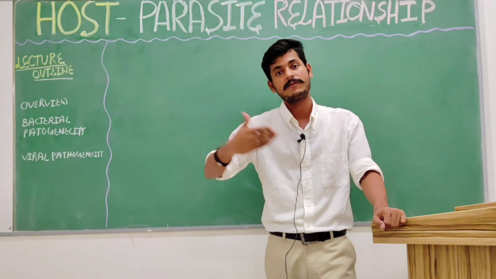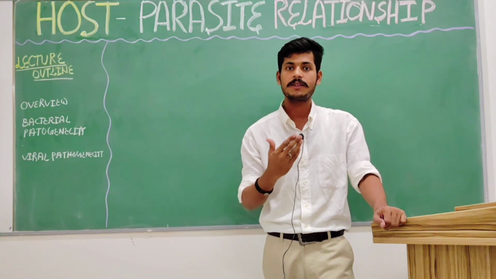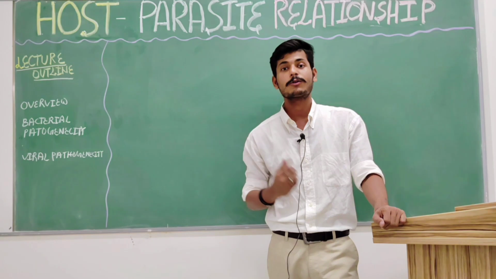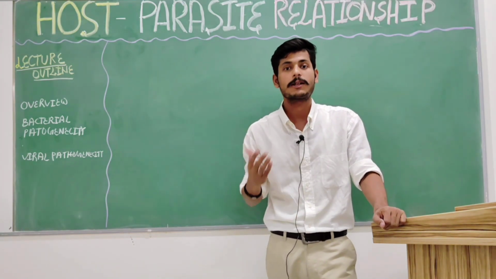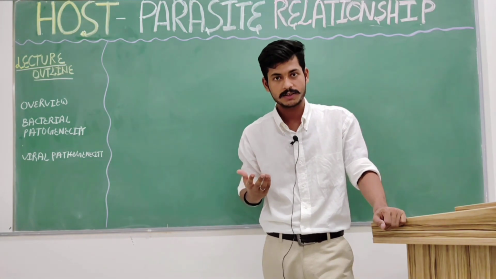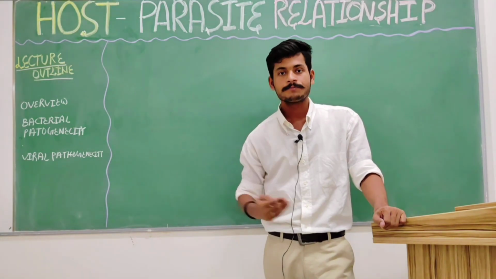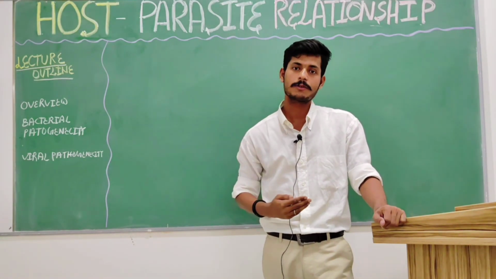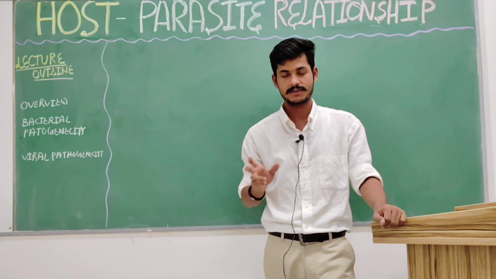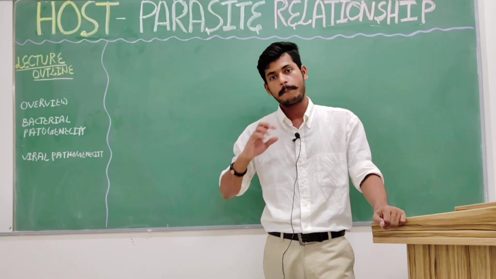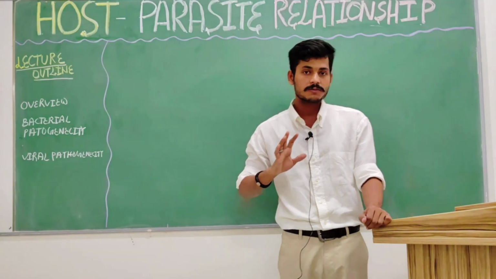We saw the different modes of interaction between the host and parasite, and then we also saw how we call one category of organism pathogens. What is the definition of pathogens? For that, we studied Koch's postulates, Robert Koch's postulates.